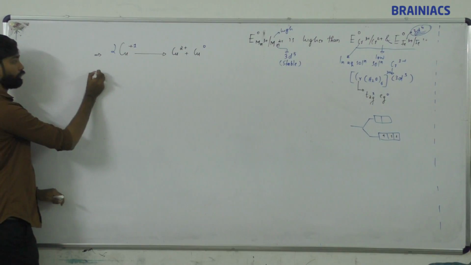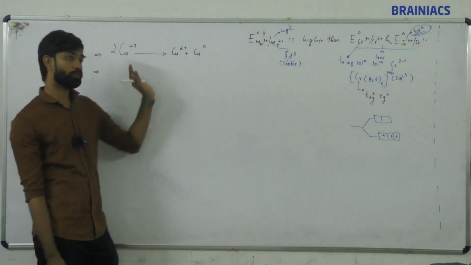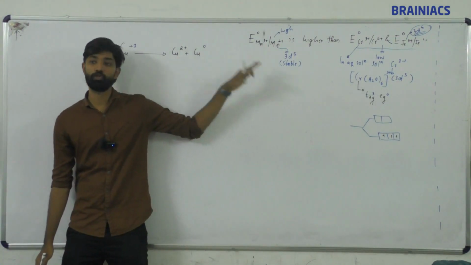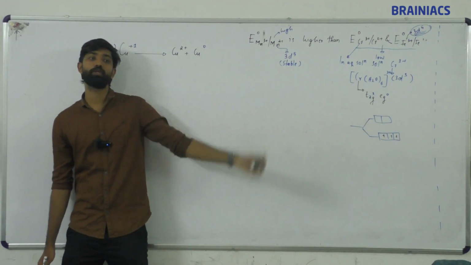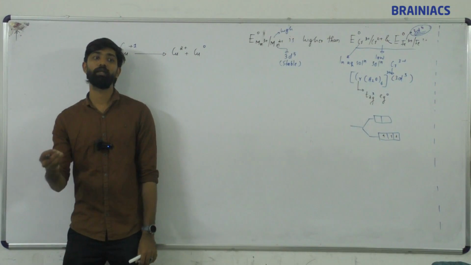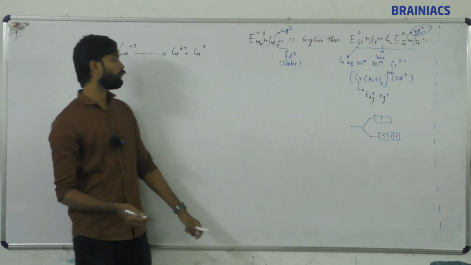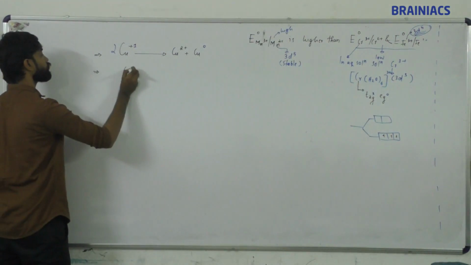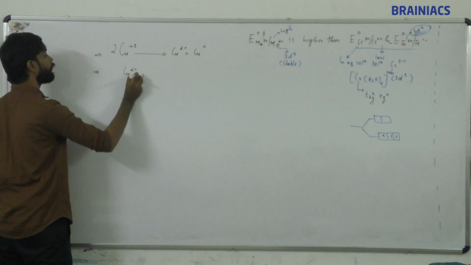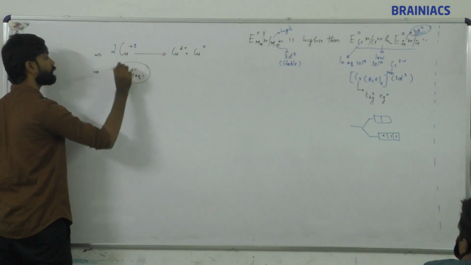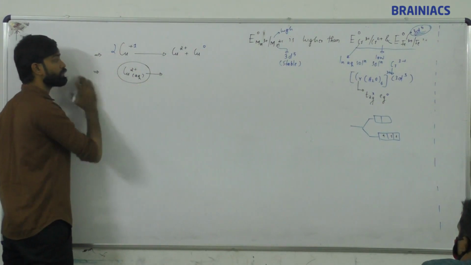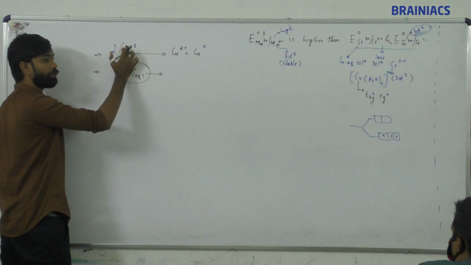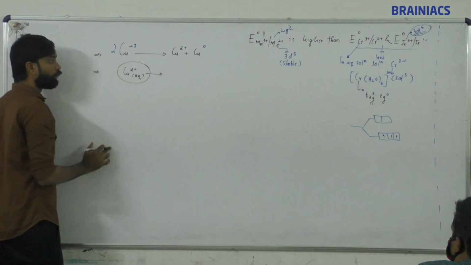One more point: it is observed that Cu+ undergoes disproportionation in aqueous solution, so it is relatively less stable. Whereas, due to the much more negative hydration energy of Cu2+ in aqueous solution, the relative stability of Cu2+ is comparatively greater than that of Cu+.